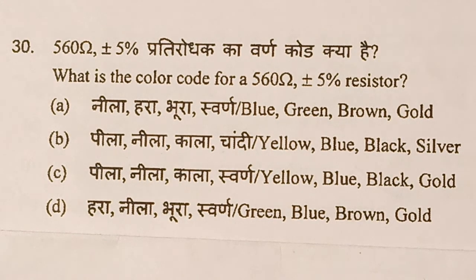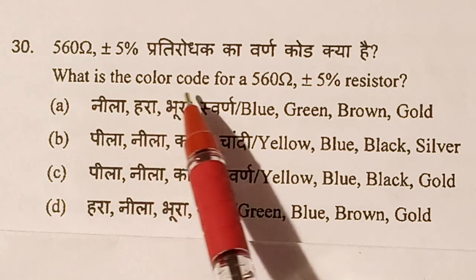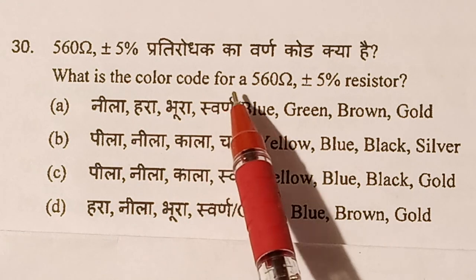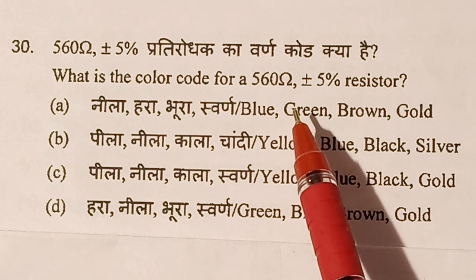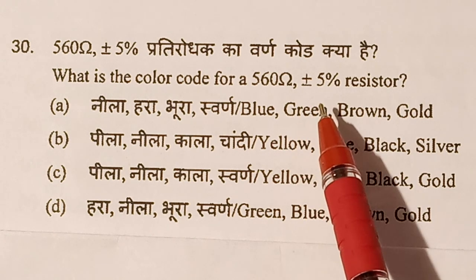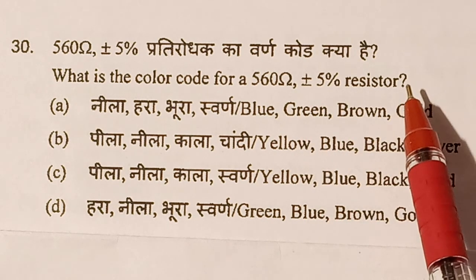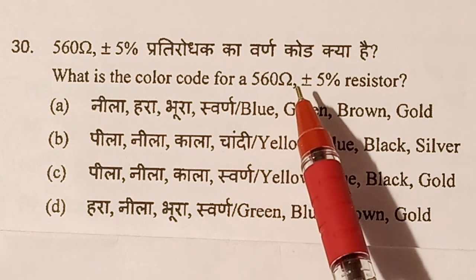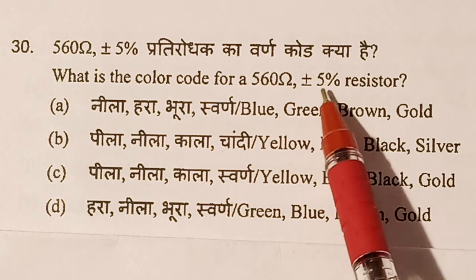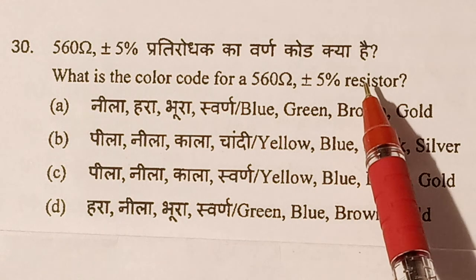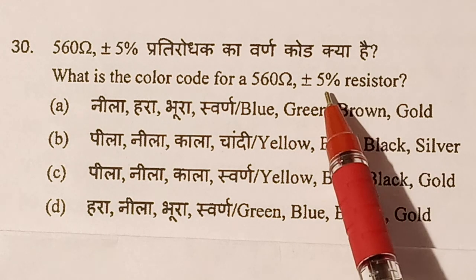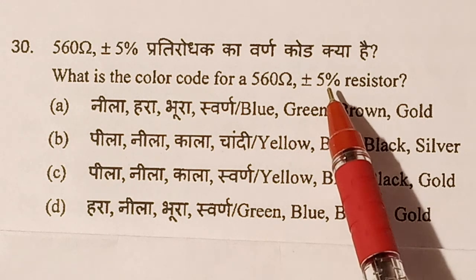Question number 30. What is the color code for a 560 ohm plus or minus 5% resistor? So color code of a 560 ohm resistor with a plus or minus 5% tolerance. 5% tolerance means it is represented in gold color.